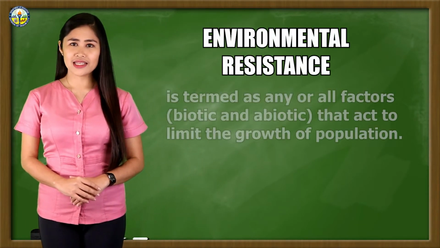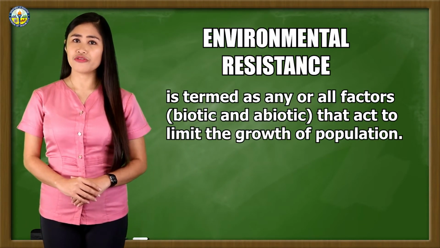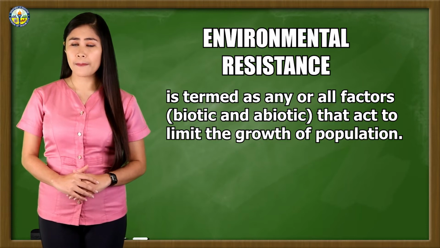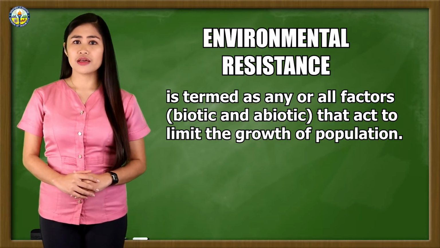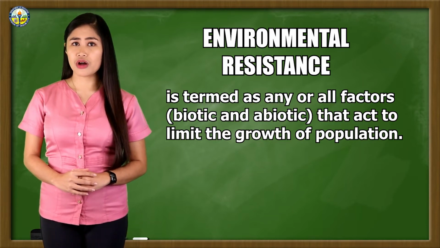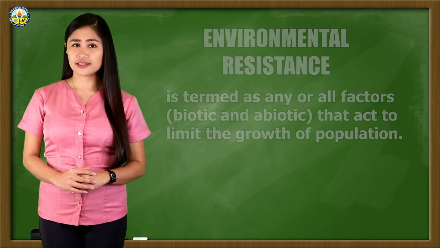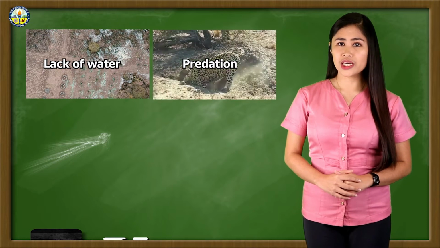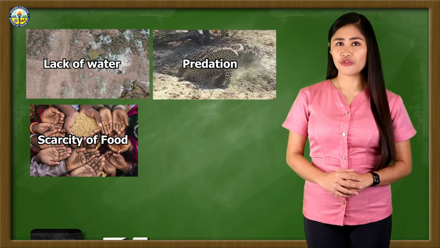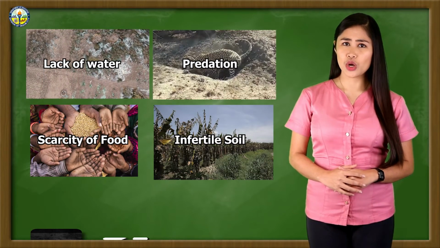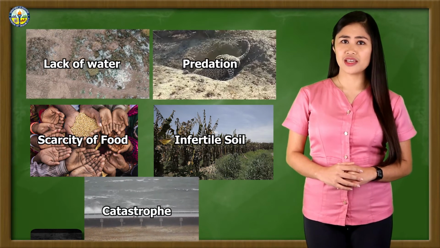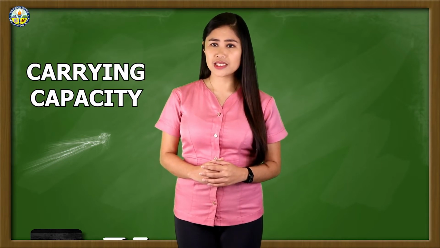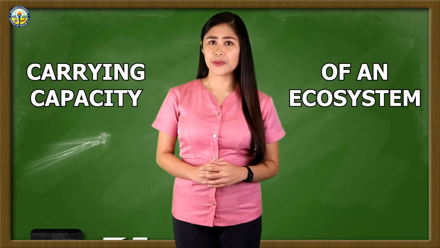Meanwhile, the latter is termed as any or all factors, biotic and abiotic, that act to limit the growth of population. Say, lack of water, predation, scarcity of food, infertile soil, and catastrophe. The combination of the two factors regulates the carrying capacity of an ecosystem.